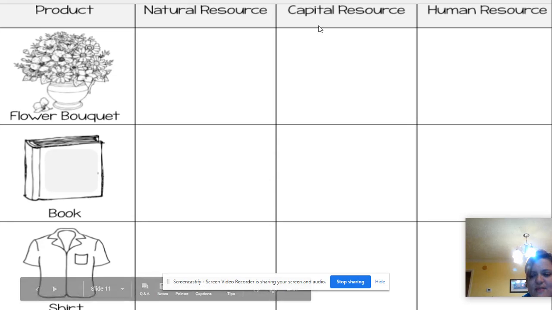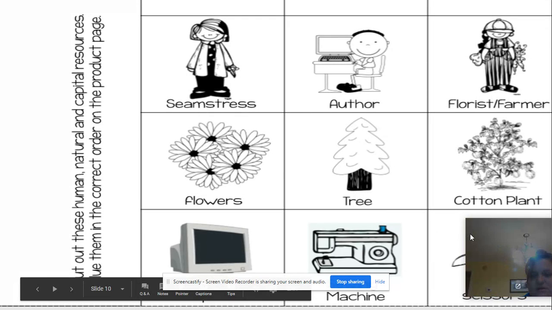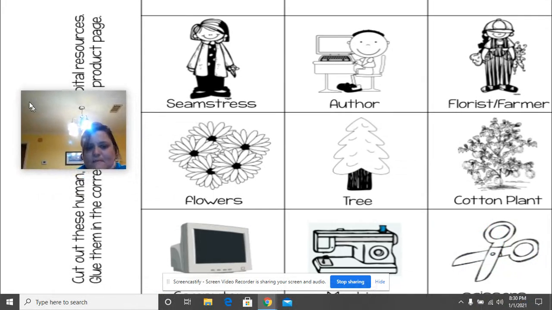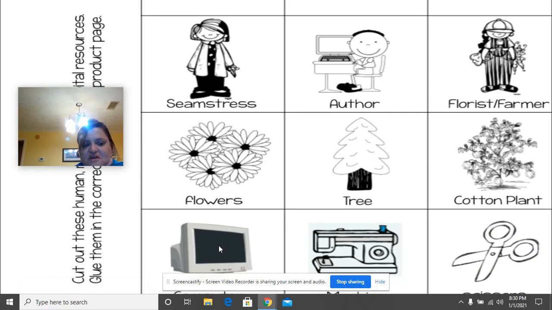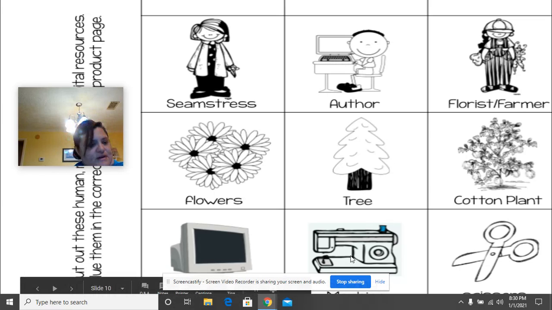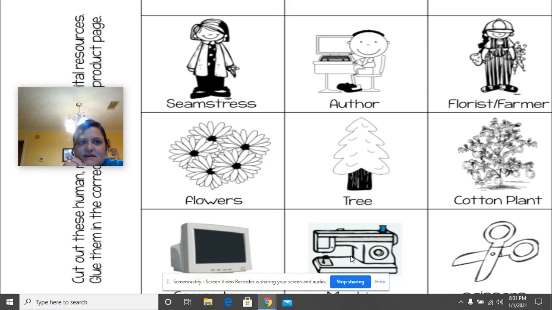What about the capital resource for the flower bouquet? Let's go back and look at our choices. Down here they are on the bottom. A computer. Is a computer going to make the flower bouquet for us? No, don't think so. What about a sewing machine? Sewing machine usually sews clothes and fixes things and puts zippers on and stuff like that. Is it going to make a flower bouquet?